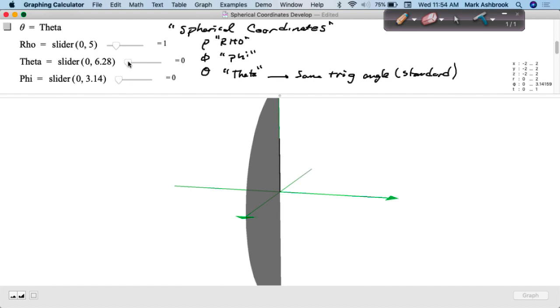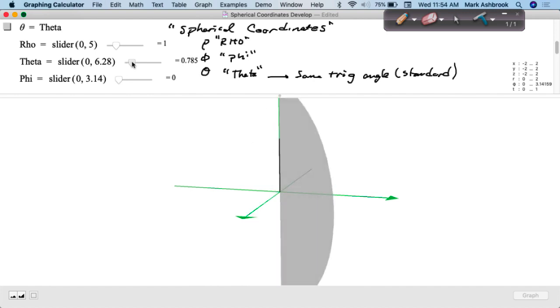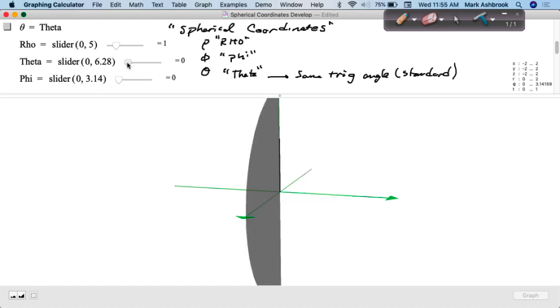Then we have another angle. So phi and theta are both angles, and then rho is the distance. Okay, so theta is the standard trig angle. Phi then is in the direction of theta. It's the angle swept down from the positive z-axis. So theta determines the direction you're going to go. So this is what phi looks like. So here I'm at this angle, somewhere in the first quadrant.